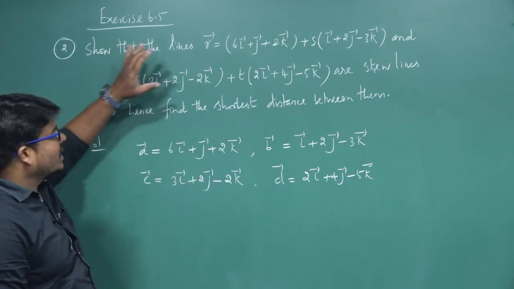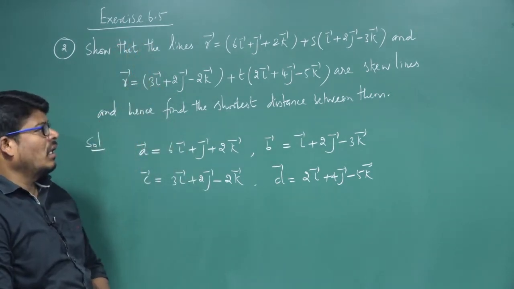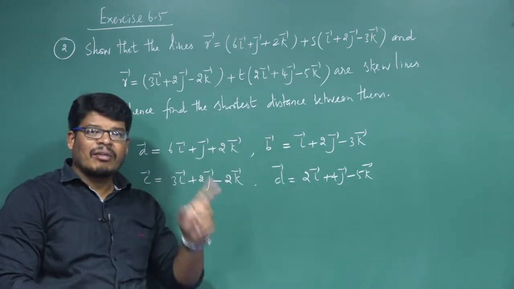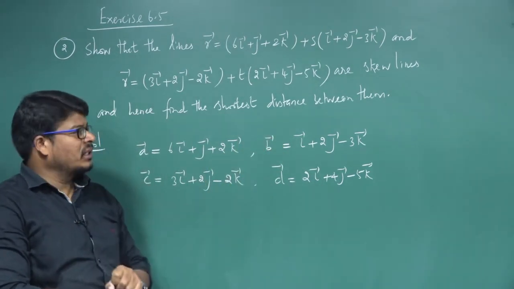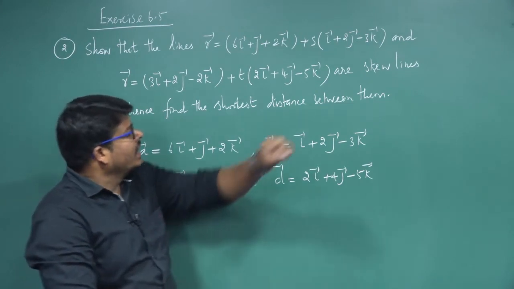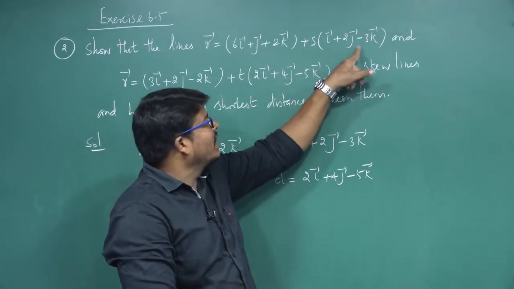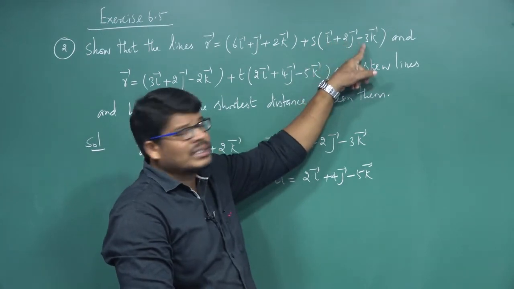So that the lines are skew lines. Already you know, lines that are neither intersecting nor parallel are called skew lines. The first line is r vector equal to A vector plus s of B vector, and its direction is i vector plus 2j minus 3k.